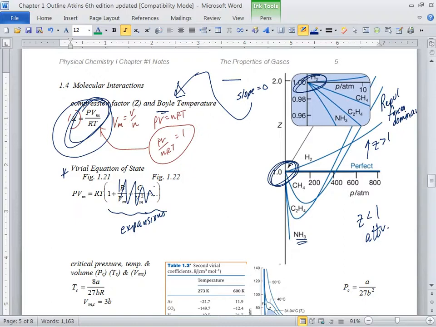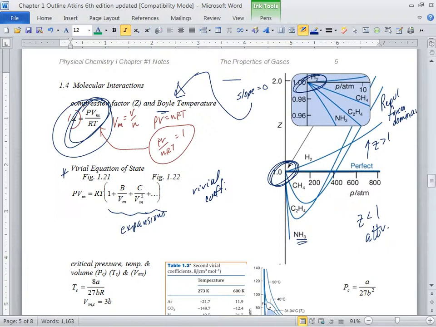So these B and C are our virial coefficients. Those are our fudge factors that I was talking about before. You pick a gas, look up the different virial coefficients, and you'll get better answers than you would using the ideal gas law.